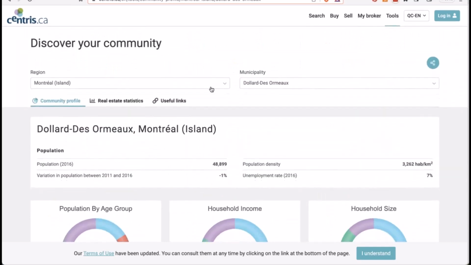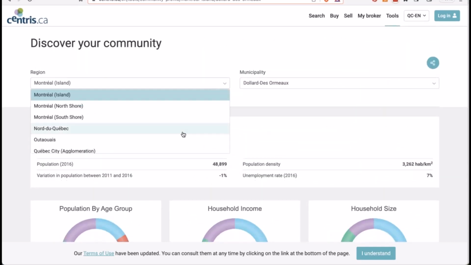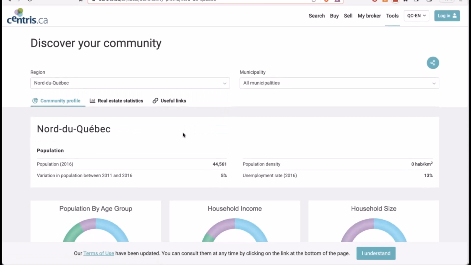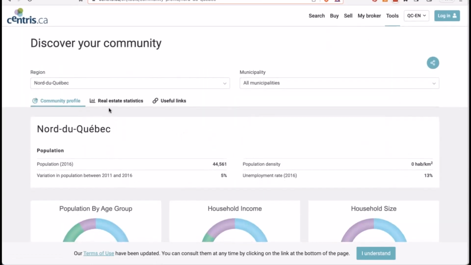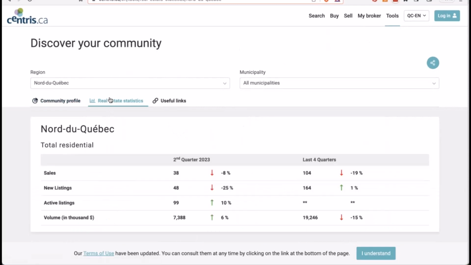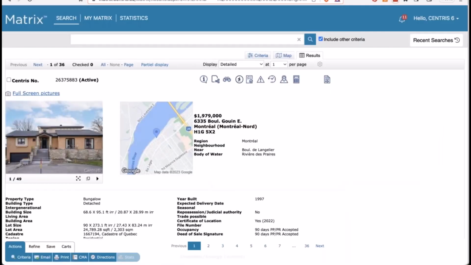Okay, so you can select any area here and see the different information. You have the real estate statistics. And then the other way to access this information is from a listing. So here I'm on a listing in Montréal Nord, in Montreal. At the top right corner, if you hover over the icons, you'll see that the communities icon is there.